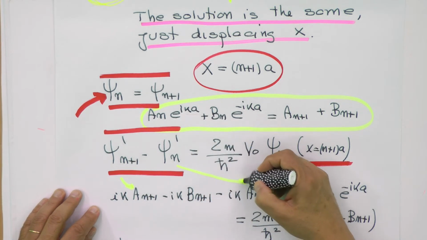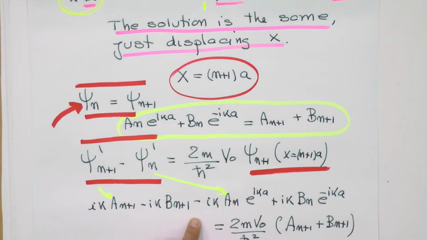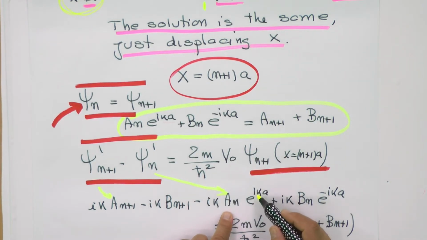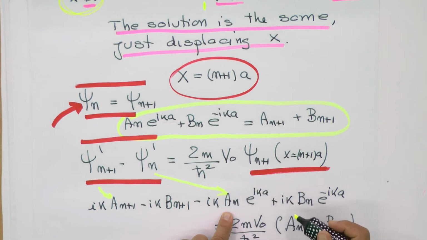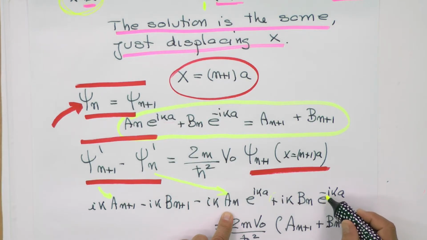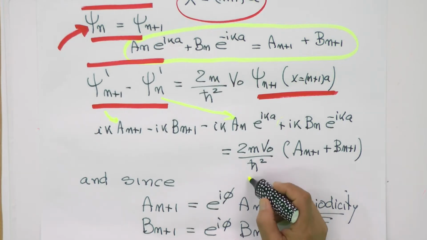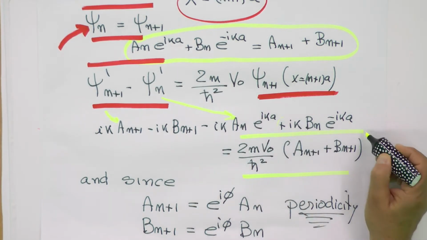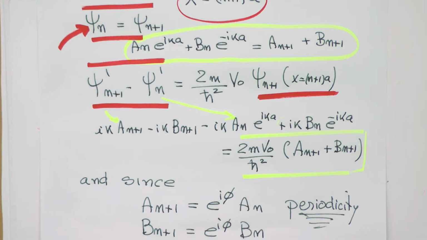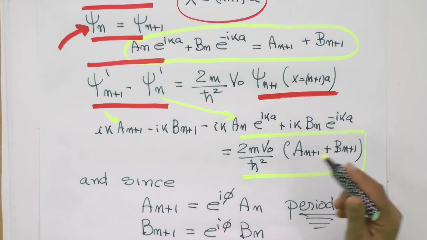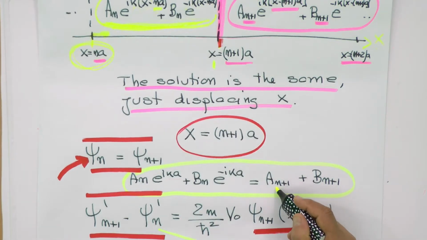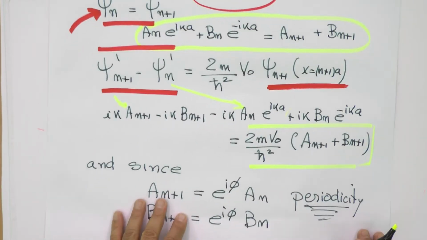The second part is minus, so you have minus ik an e to the ika, and it's minus times minus, which gives you plus ik bn e to the minus ika. And that must be equal to the value of the function in that site, which is 2m divided by h bar squared v0 times the function, which we know is an plus 1 plus bn plus 1.